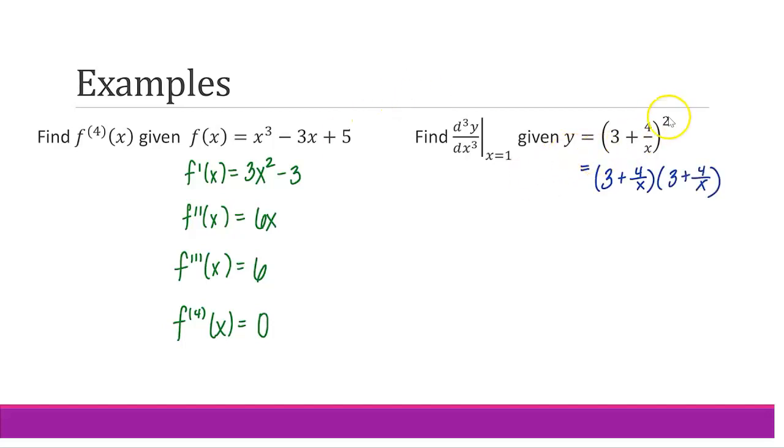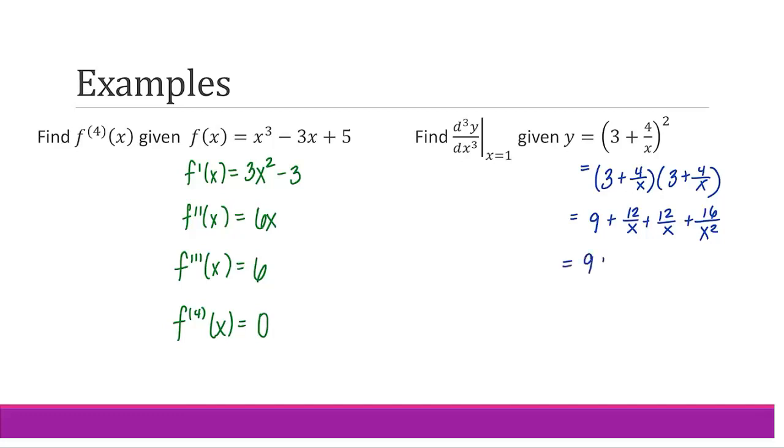So quick reminder, I can't distribute an exponent, so I can't square each of these. This is requiring me to distribute out. So when I do that, I'm going to get 9, so 3 times 3, and then plus outer, that's going to give me 12 over x, plus inner is also 12 over x, plus last is 16 over x squared.